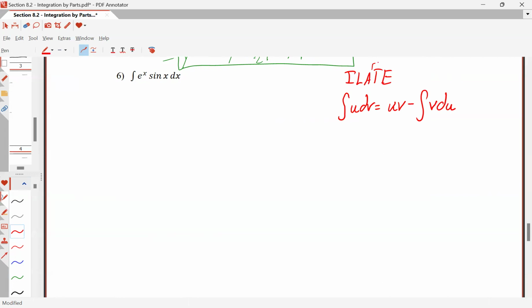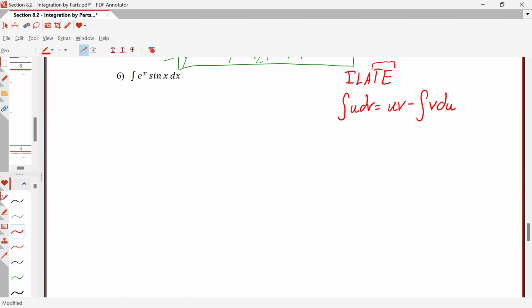Now, the two things at the bottom here, trig and exponential, they're at the bottom because they're very cyclic. Like the integral of e to the x is e to the x, and the derivative of e to the x is e to the x. The derivative of sine is cosine, and the derivative of cosine is negative sine. Just get these cycles going.